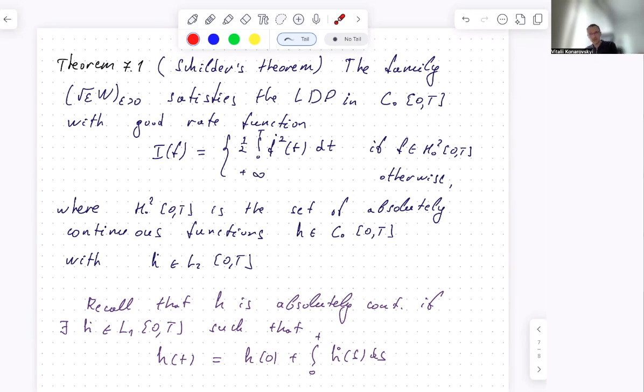And then to get the full large deviation principle, you need to obtain the exponential tightness. So therefore, our strategy will be the following. We will estimate the probabilities related with balls. Then we will obtain the weak large deviation principle. And after that, we will show that we have exponential tightness for this family of Brownian motions that will guarantee the full large deviation principle.